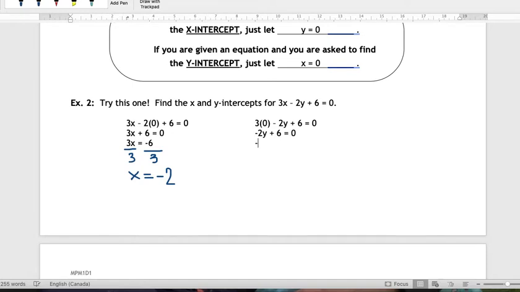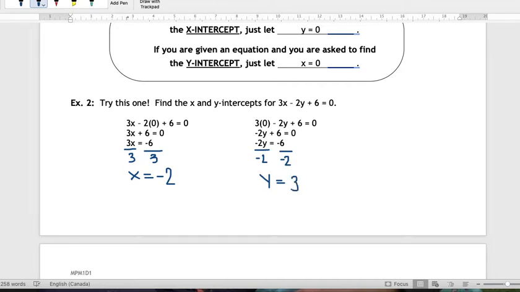Next, we have -2y is equal to -6. You can skip this second step if you need to and rearrange right away. We're going to divide by -2 to isolate y, and our y-intercept is 3.